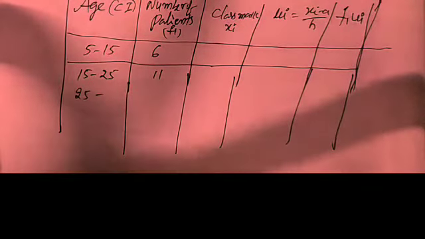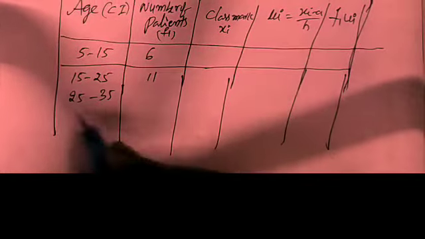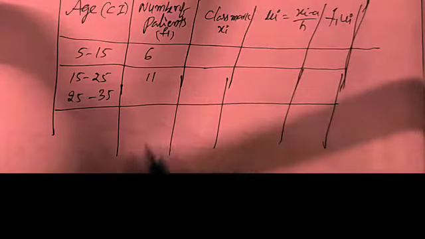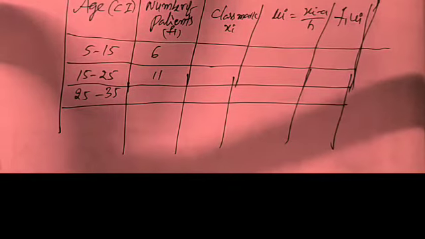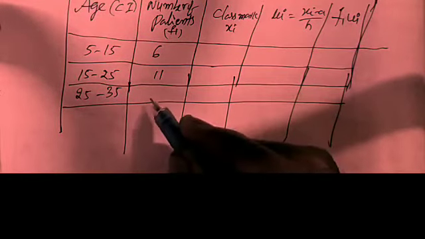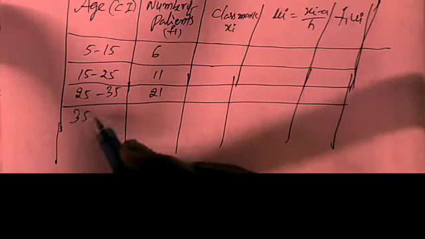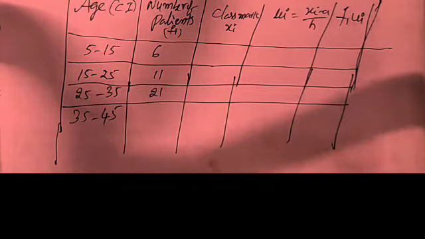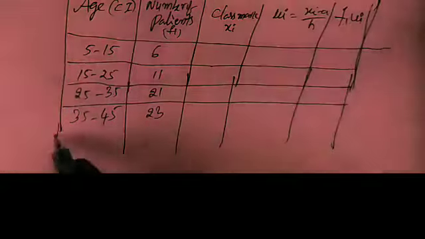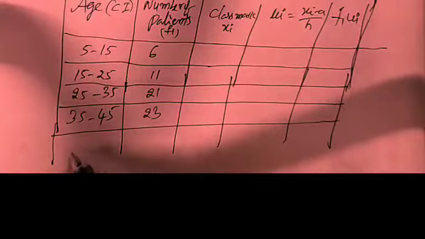Next, 25 to 35, 21 members. Next, 35 to 45. So, it is also 23.